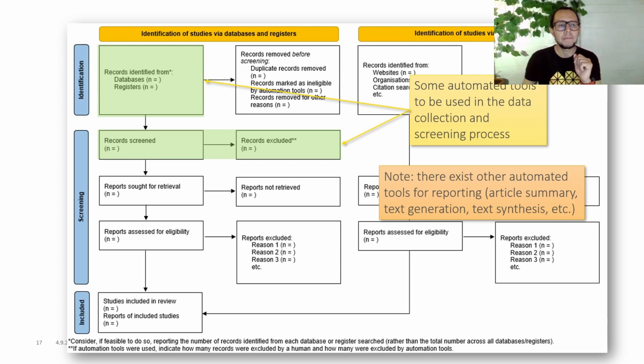But in this video, I'm focused only on the identification and screening processes. Perhaps in the next video, I'm going to talk about those automated tools for reporting or for generation of text.